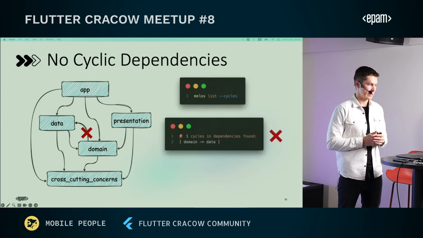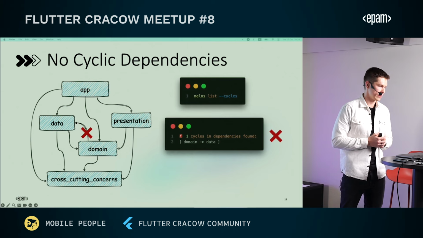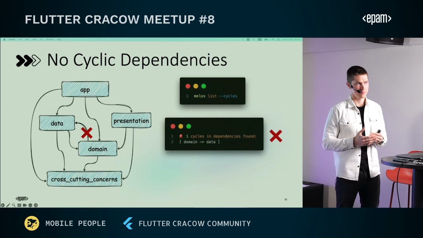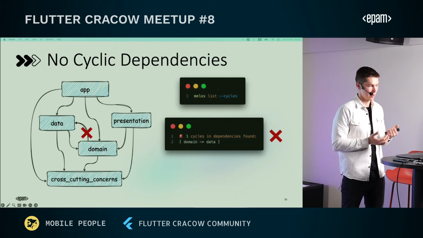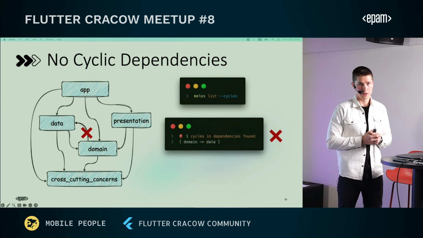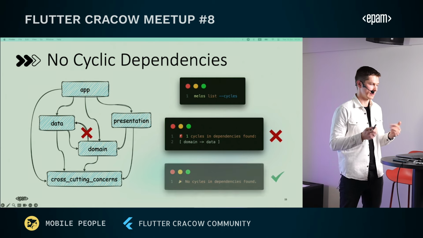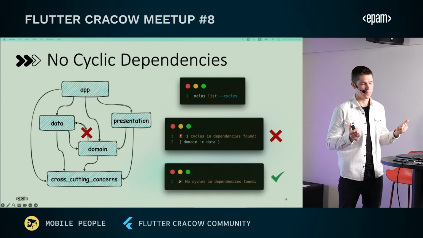With this simple command, melos list cycles, you can easily detect any violations in your mono repository, if you have them. And if you're doing good, if no violations are found, you will see this positive message. What does it mean?